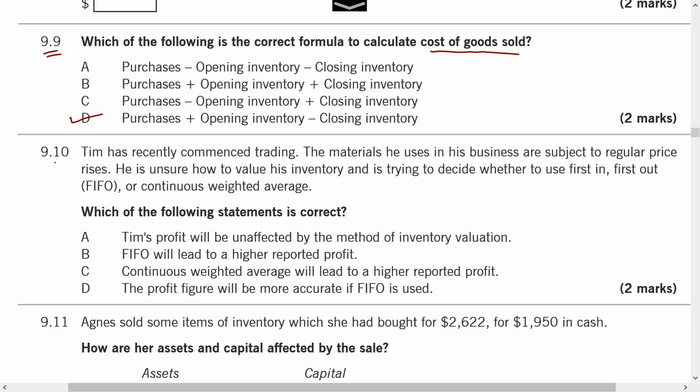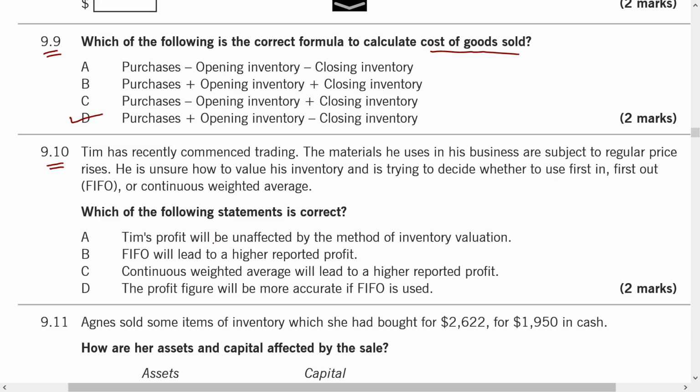Now next we have question number 10. Which of the following statements is correct? T has recently commenced trading. The materials he uses in his business are subject to regular price rises. He is unsure how to value his inventory and is trying to decide whether to use FIFO or continuous weighted average cost model.